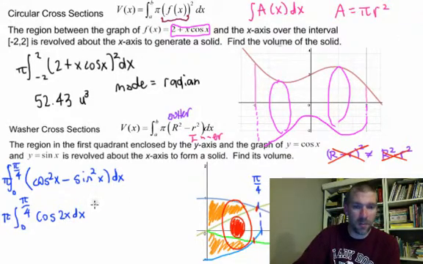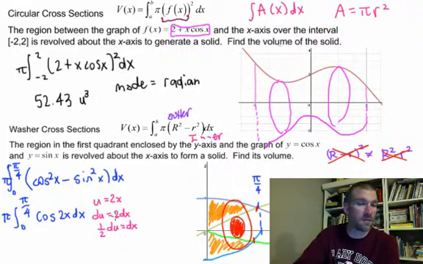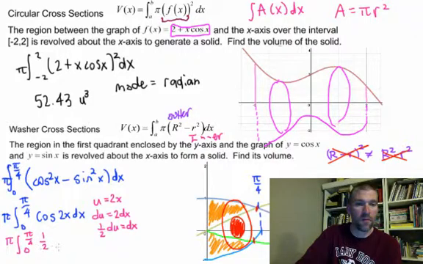Now, you may or may not remember this, but if we let u equal 2x, du would be equal to 2 dx, so 1/2 du equals dx. We would have to make a u substitution. And when we do that, we're going to have a substitution that's going to look like pi, from 0 to pi over 4, of 1/2 cosine u du.